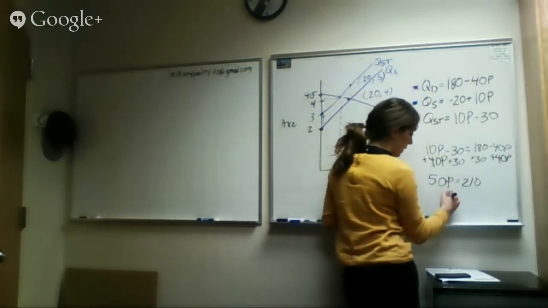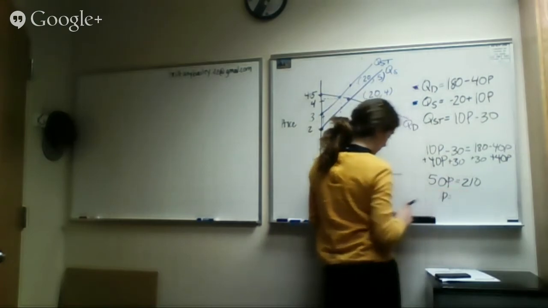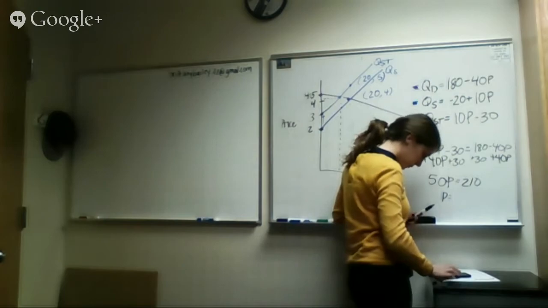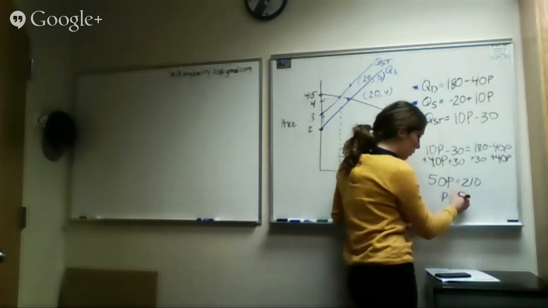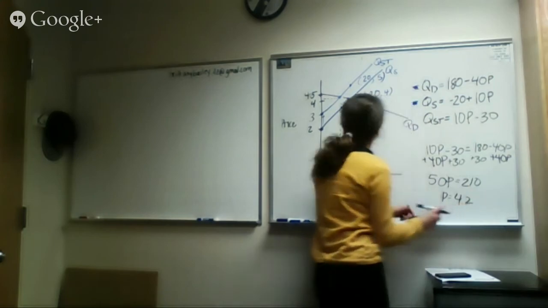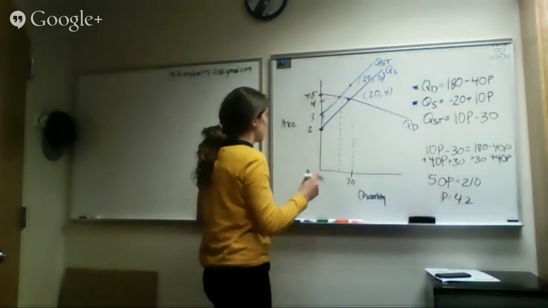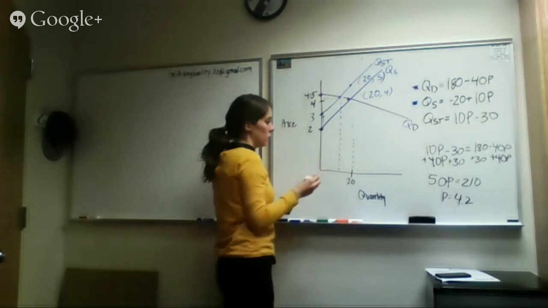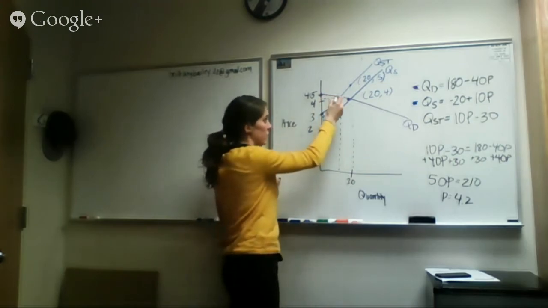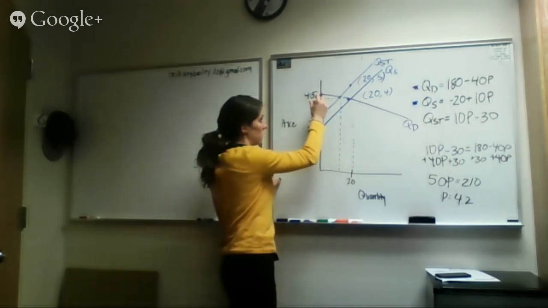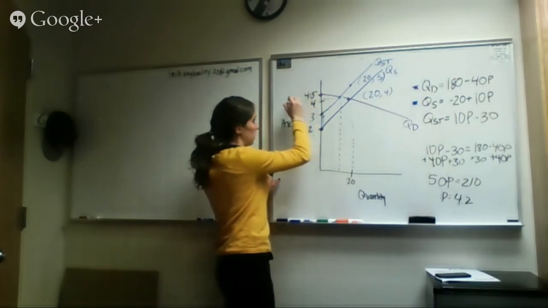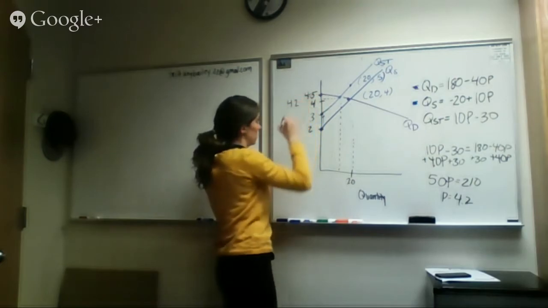Okay, so p equals 210 over 50, or 4.2. So this new price right here, this new equilibrium point, is 4.2.